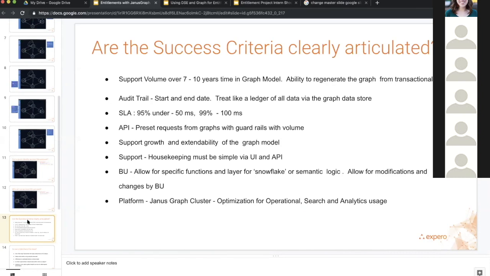We had to be able to support housekeeping, through UIs and APIs. So administrators need to be able to come in and do diagnostics when people call in and they don't have access to the resources they expect to have access to, or there are failures being thrown off in the log managers.